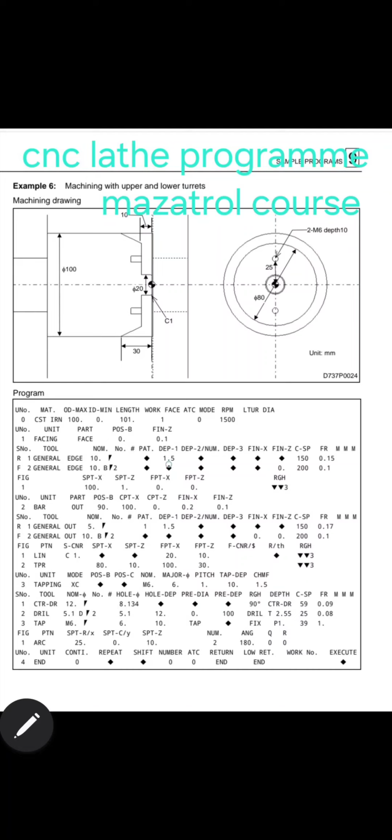In depth we use 1.5 millimeter, and speed we use 150, and configuration we use 0.50. Finish tool, each tenths, and speed we use 200, configuration 0.1.